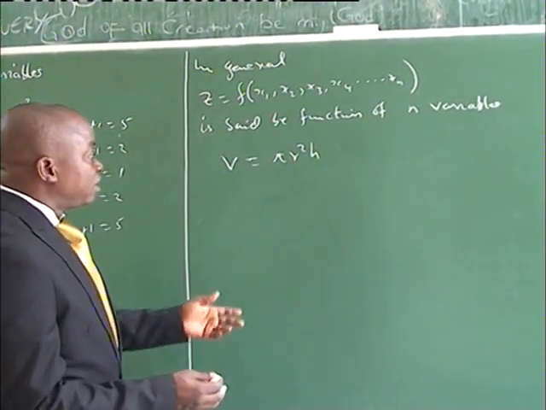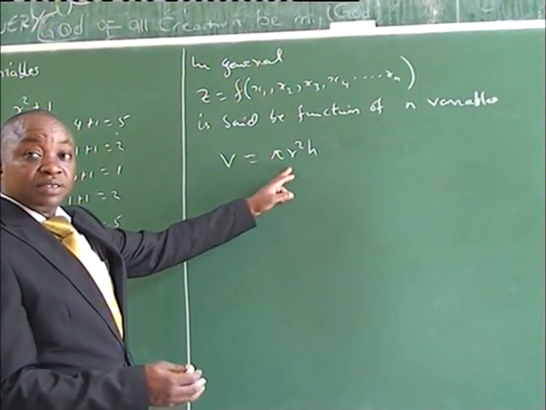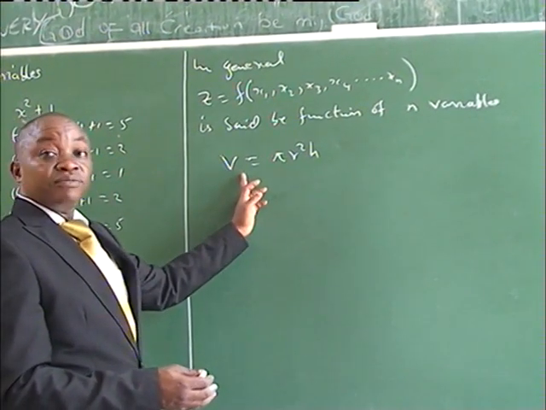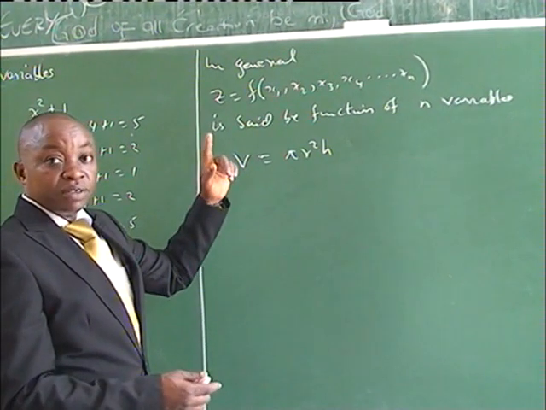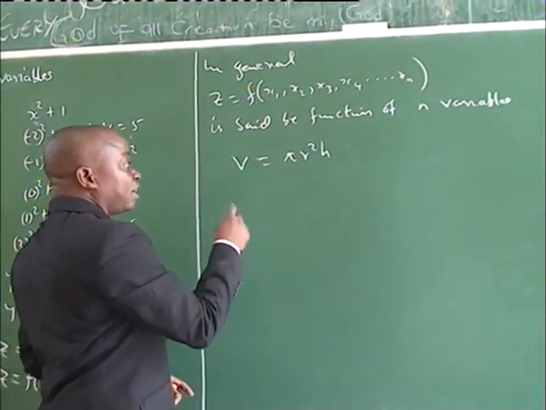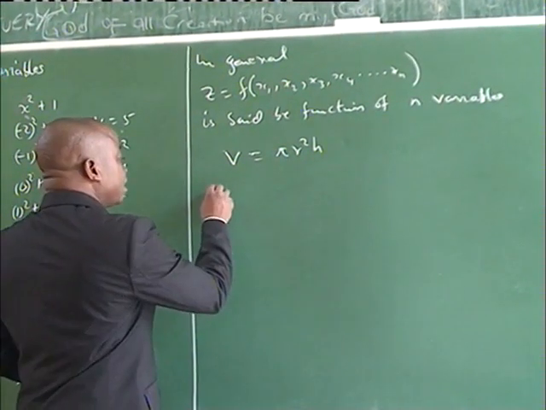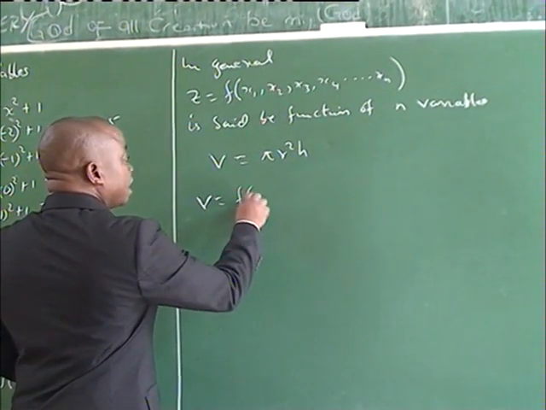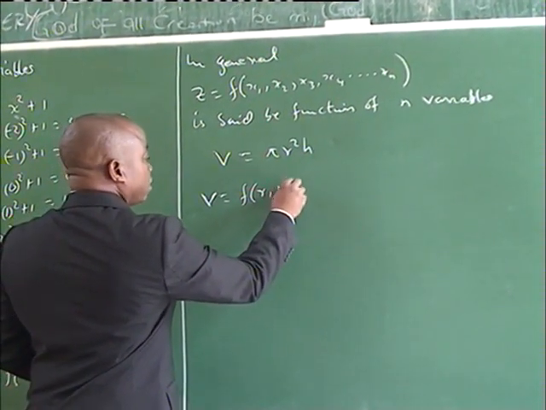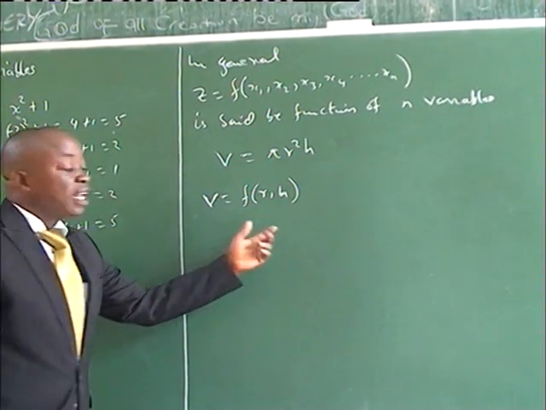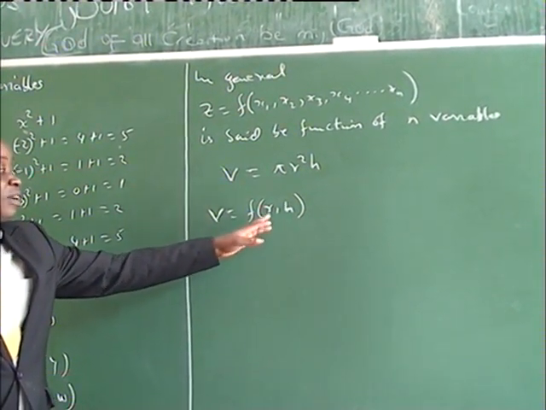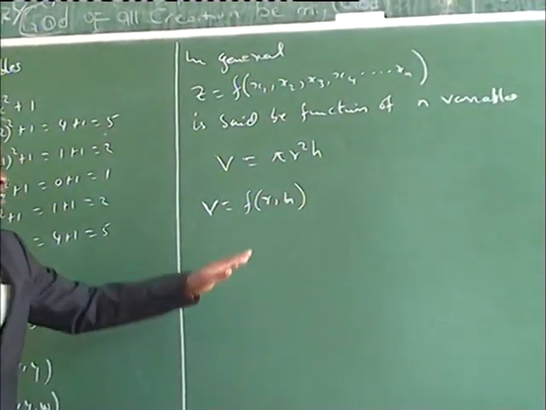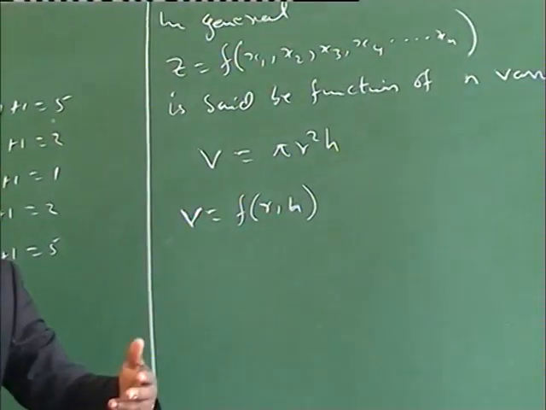So what it means is that the radius decides what the volume will be. The height also decides. It's not only one variable. And so we can write volume V is equal to f of r, h. If we write like this, what we are saying is that volume is a function of radius and height. So these are things we are going to look at.